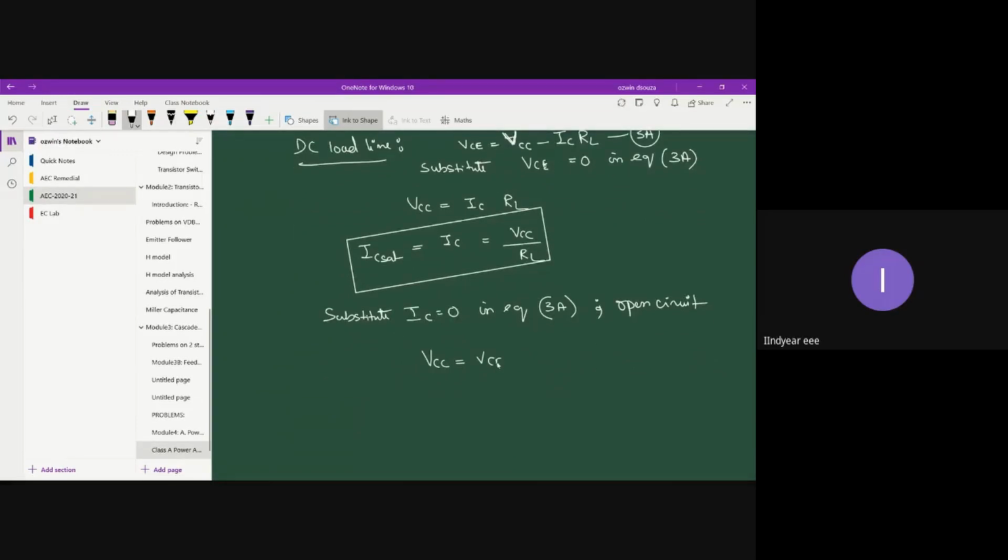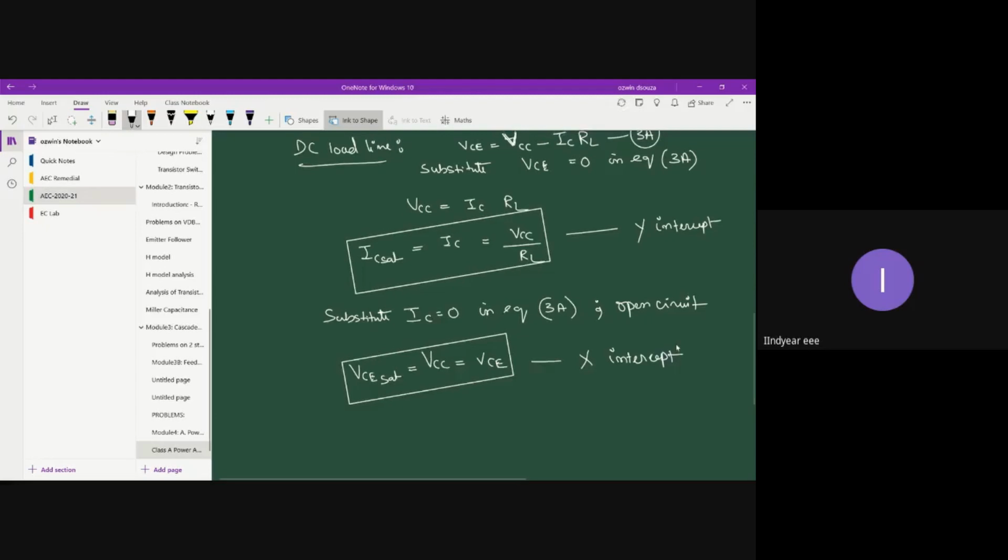VCC is equal to VCE, and since this is the maximum open circuit voltage that exists across the transistor terminals, you can take this as VCE saturation. So IC saturation is going to be your y-intercept in the transistor output characteristics, and VCE saturation is going to be the x-intercept.